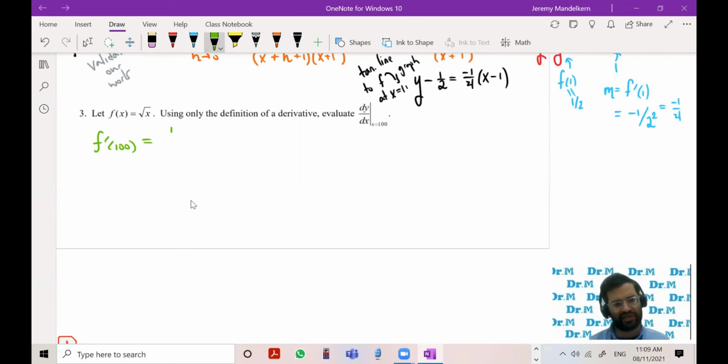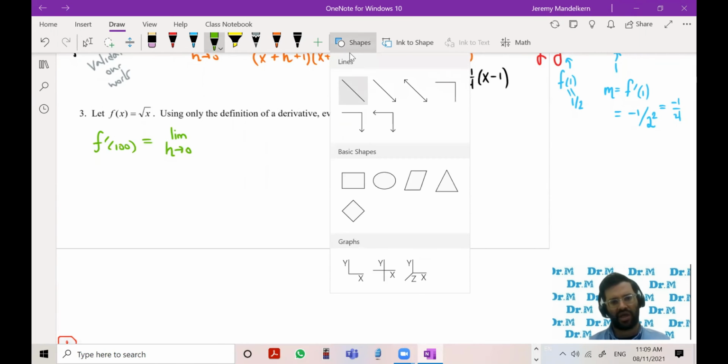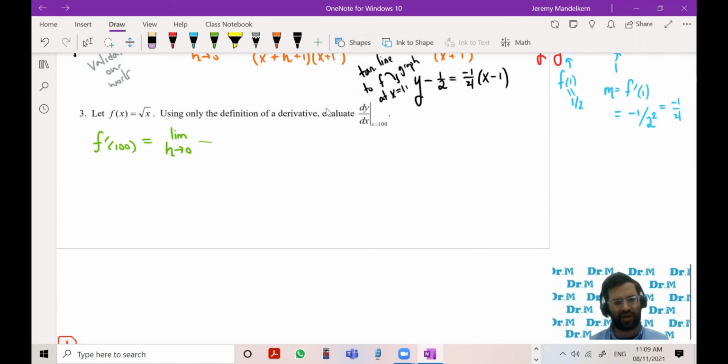So this is the limit as h goes to 0 of, and our difference quotient will have the x replaced by 100. So it's f of 100 plus h minus f of 100 over h.